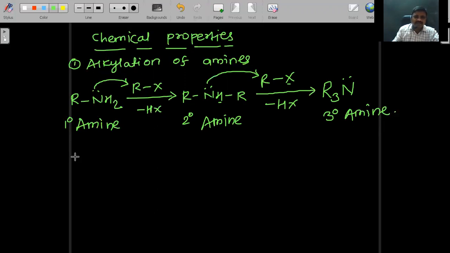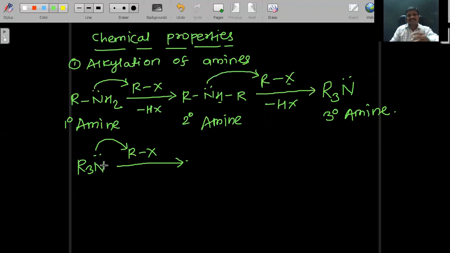This tertiary amine R3N again reacts with one more molecule of alkyl halide. This nitrogen carries a lone pair of electrons, and this lone pair attacks the alkyl group. Here the hydrogen atom is absent, so there is no possibility of formation of HX. Now the total alkyl groups become 4, R4N, and due to the absence of hydrogen, nitrogen has to form 4 bonds.